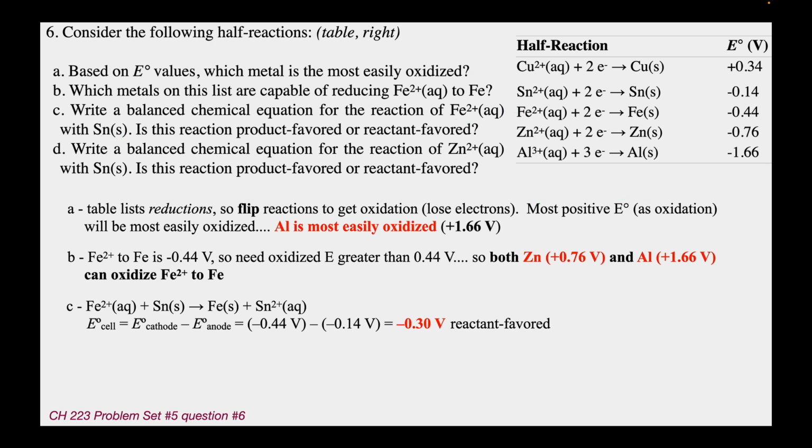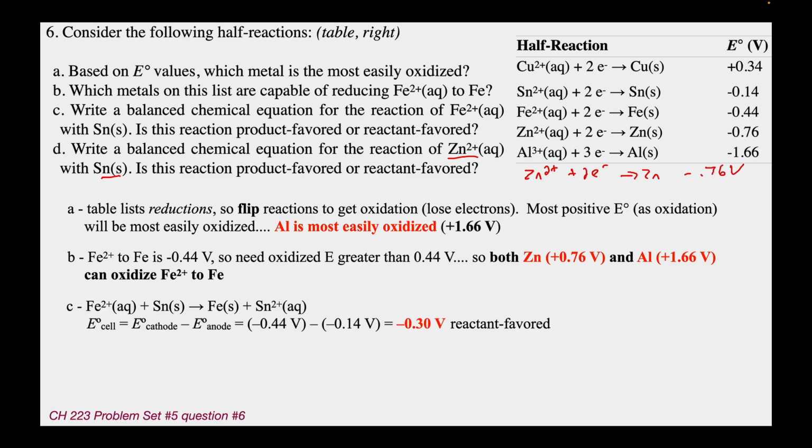Now for D, we're going to do the same thing like we did on the last one. You want to have zinc 2 plus and tin metal as reactants. So we're going to have zinc 2 plus and 2 electrons making zinc metal, minus 0.76 volts.